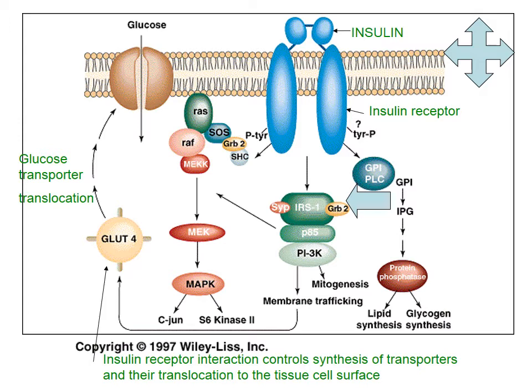So storage of glucose as glycogen, storage of fatty acids as triglycerides. Okay, so this slide nicely depicts the signal transduction pathway of insulin in target tissues, such as skeletal muscle, for example, or adipose, for example.